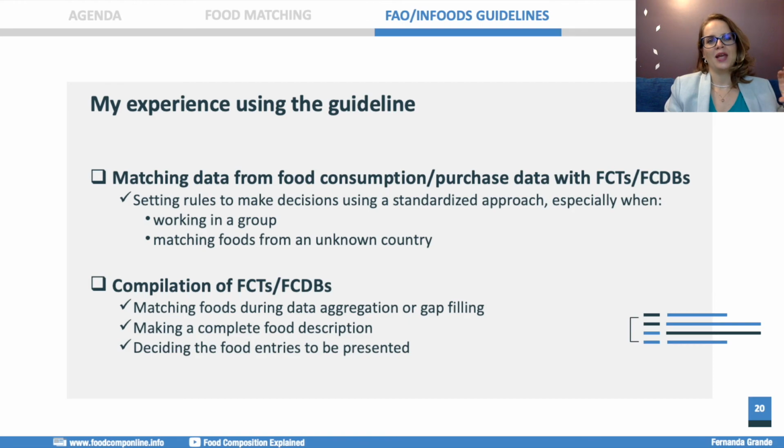So after making the data aggregation, when we need to borrow values from other food composition tables, the procedures described here also help us to choose the most appropriate foods to borrow values from. It's also useful to help us to think about all the descriptors that we need to add to make a complete food description, and also to decide the food entries that we will present.